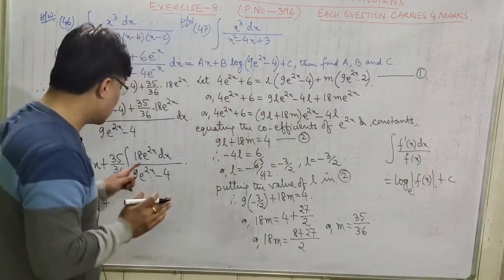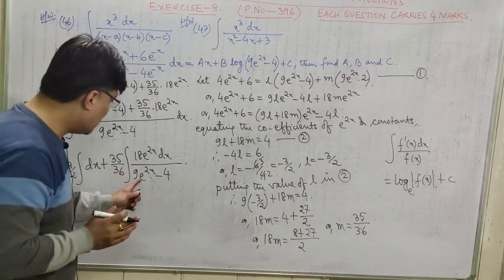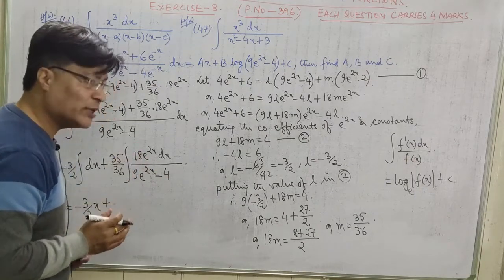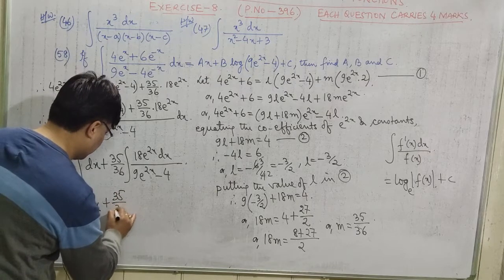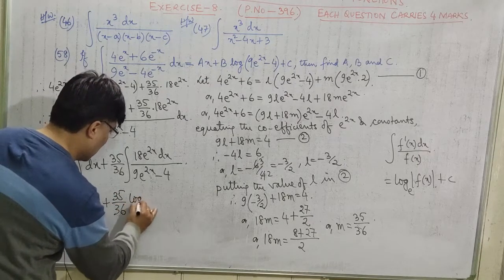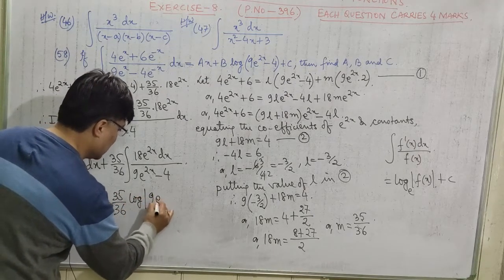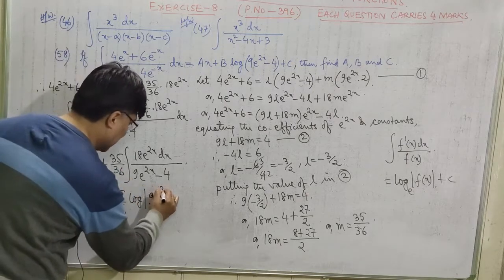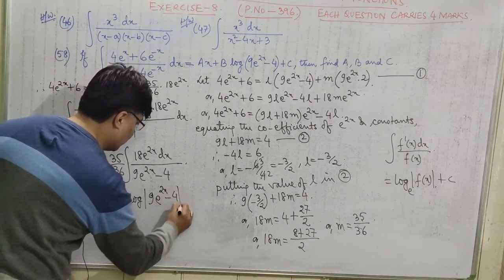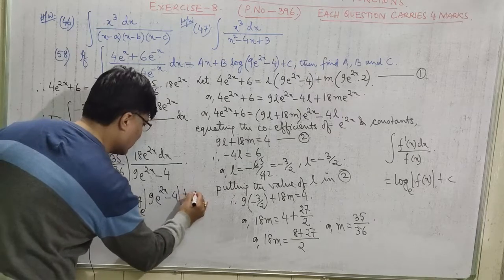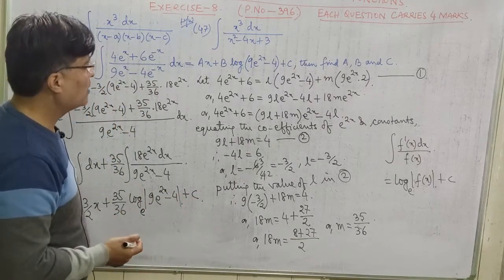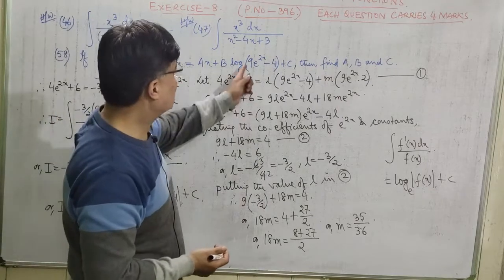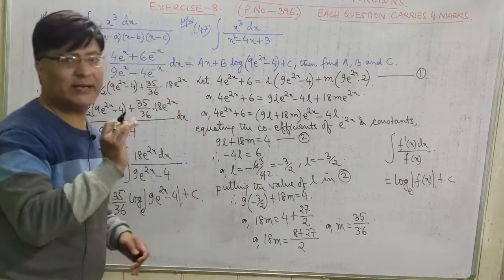Similarly for this expression, if you differentiate the denominator, we are getting the numerator. That means plus 35 by 36 log within mod of the denominator, 9 e to the power 2x minus 4, mod sign close, the base is e. You can write base e plus c, or you don't have to write the base e, because in this case the base is not written here. You may write it or not.